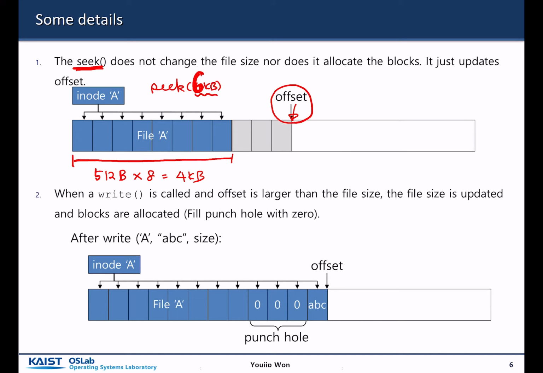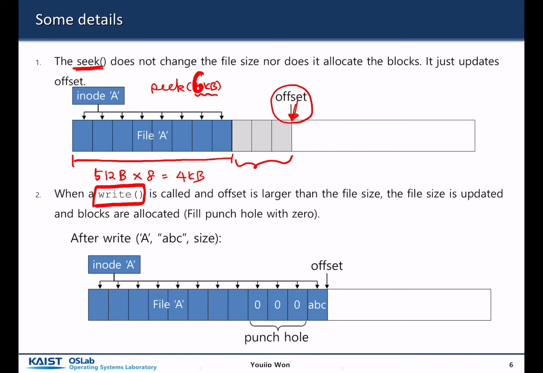So when you modify the file to the indexed organization, you have to modify the seek system call also. When seek goes beyond the size of the file, it does not change the file size, nor does it allocate blocks, but it just updates the offset. At this position, the block is still free and has not been allocated to any file, but the offset is updated to this point.